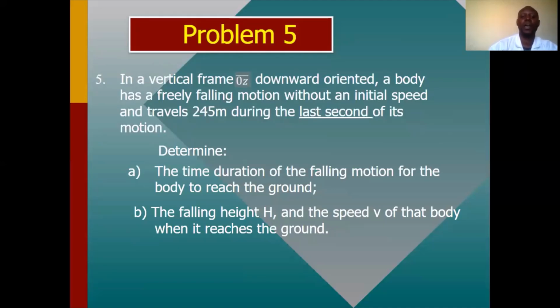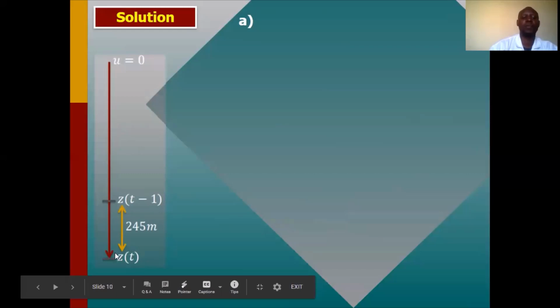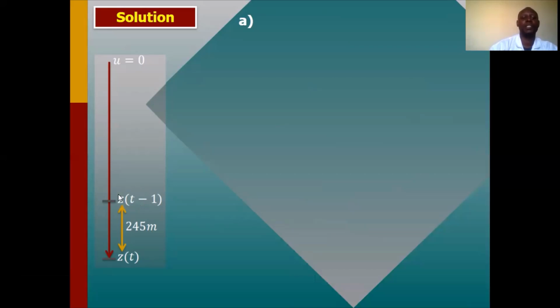So here also we have the vertical motion where the object is moving downward. And we are given this graph where the projectile starts moving from initial velocity equal to 0, moving downward. Here we have 2 important positions: the last position Z of t, and the position Z of t minus 1, where 1 is 1 second.